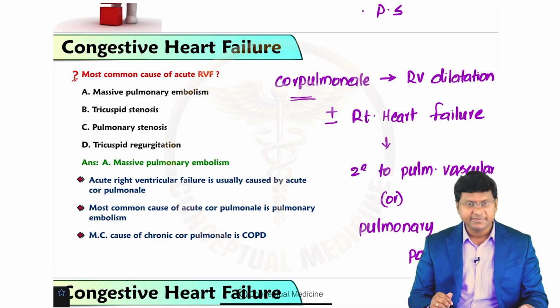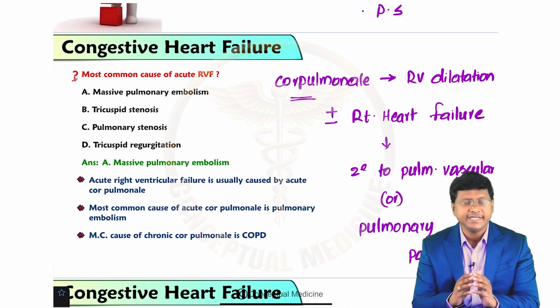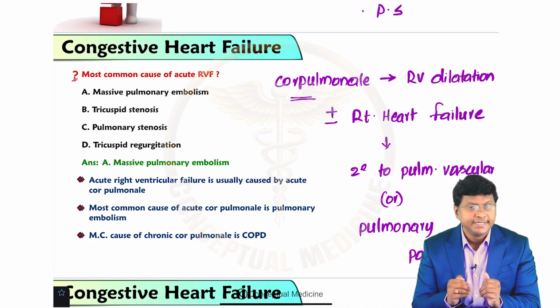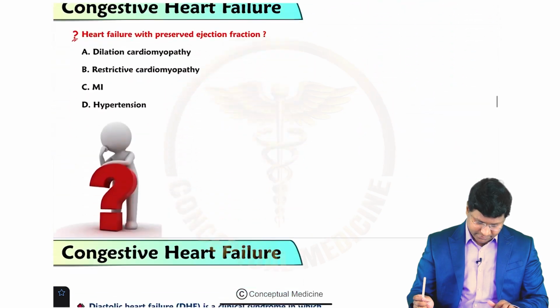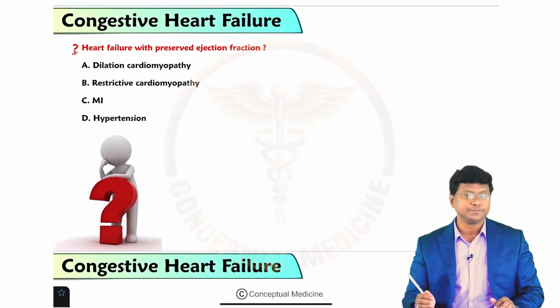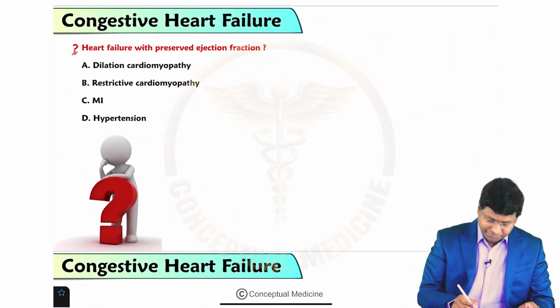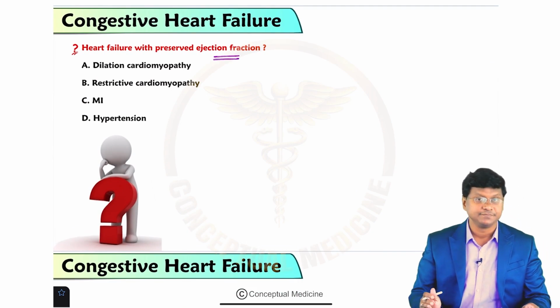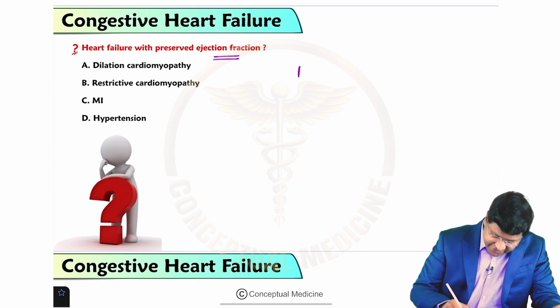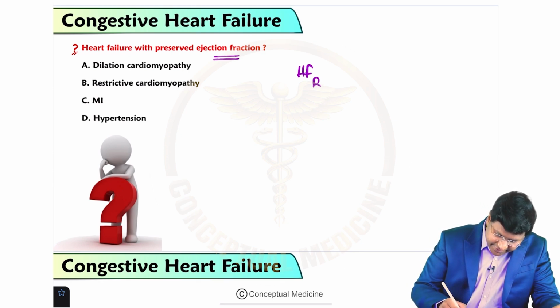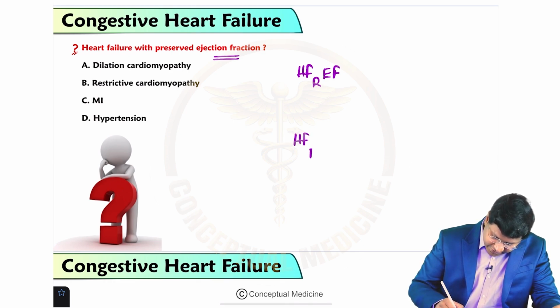Now, after having discussed the etiologies of right heart failure, let me discuss the etiology of left heart failure. The etiology of left heart failure is classified based on the ejection fraction. So we classify it as heart failure with reduced ejection fraction and heart failure with preserved ejection fraction.